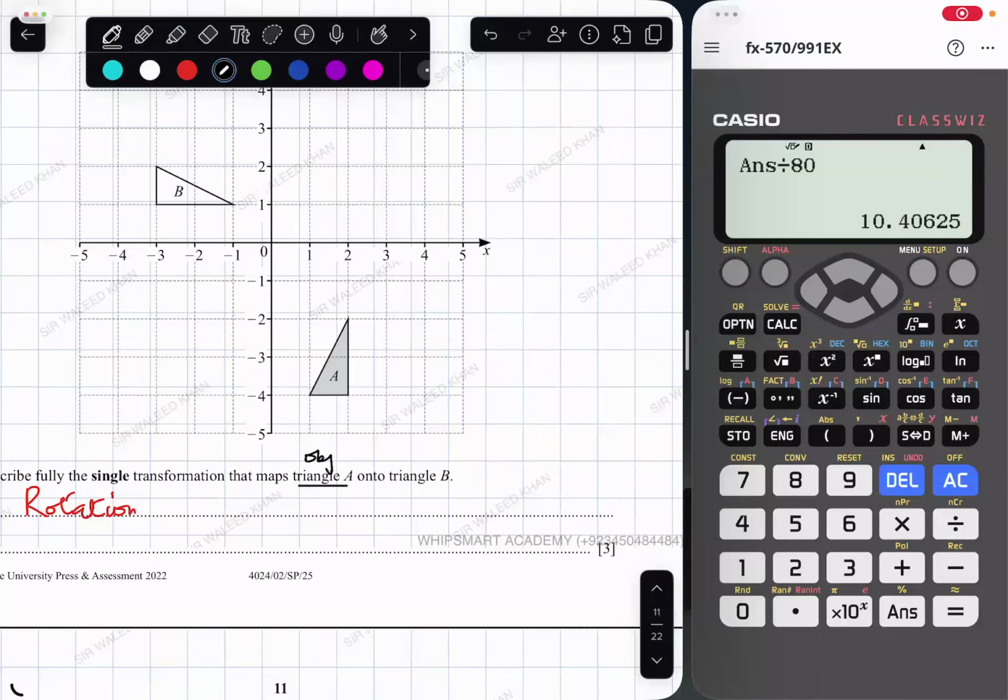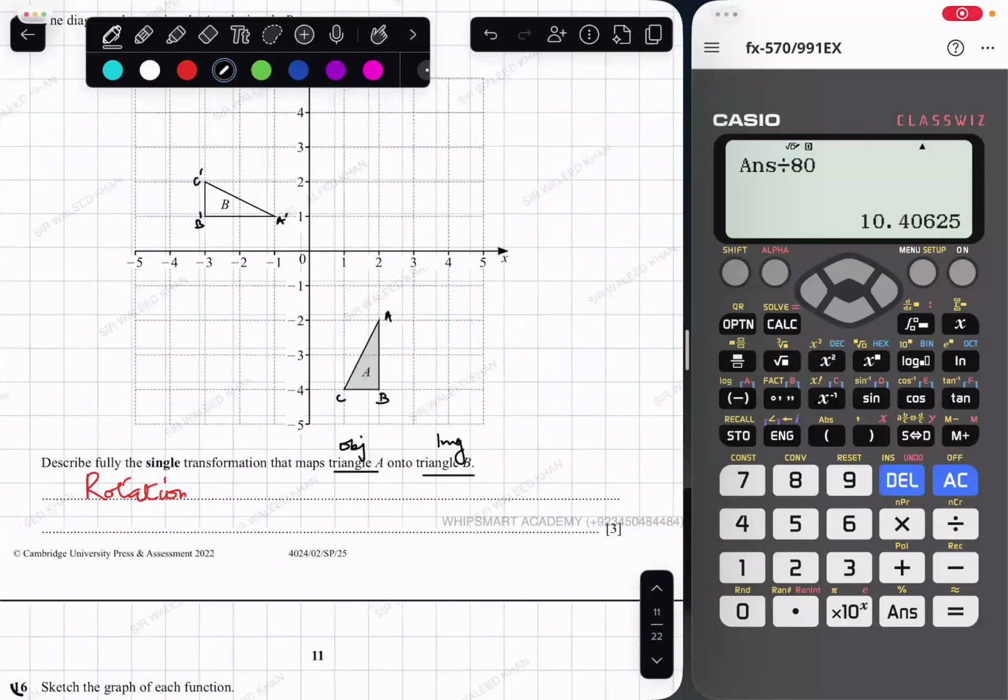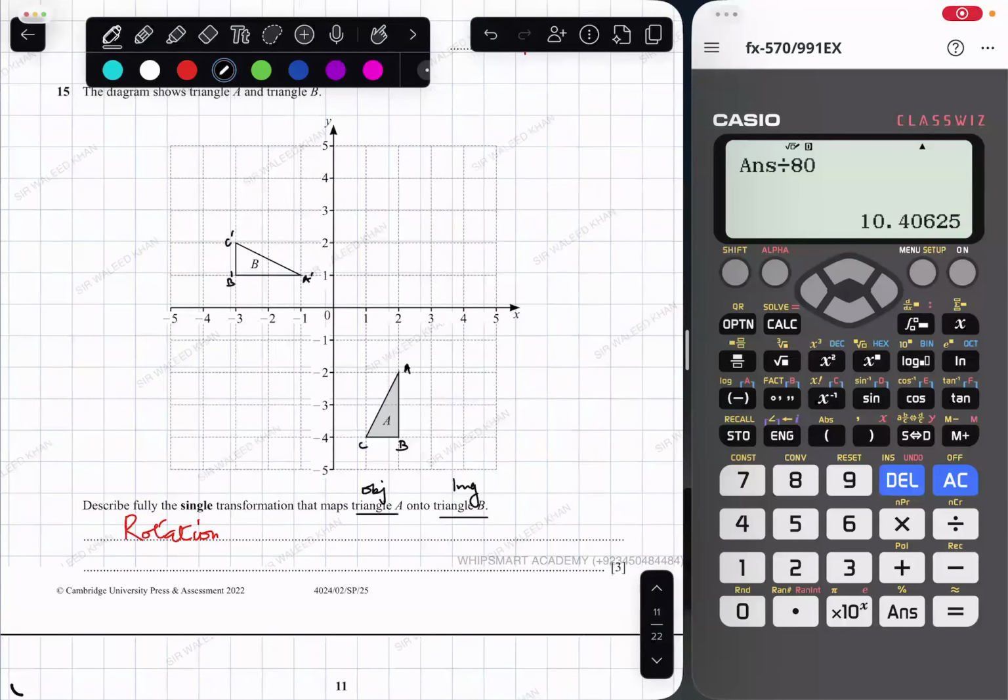So this is the object and this is the image. Object and image. So let me mark the vertices A, B, C, and this should be A prime, B prime, C prime, the rotated object points. Now, to figure out the rotation, the first thing we have to figure out is the center of rotation. Because if I don't have the center of rotation, I can't figure out in which direction this image will move, right?